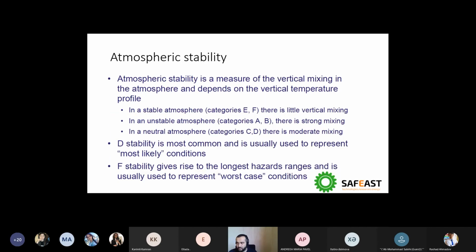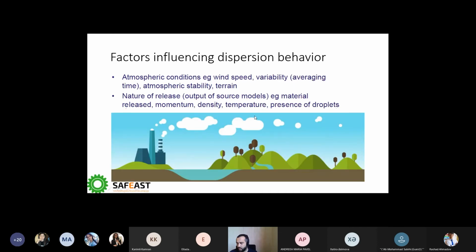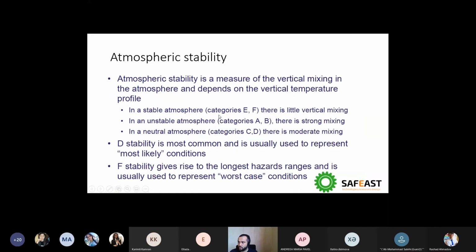When we talk about atmospheric stability, stability is a measure of the vertical mixing. It's not about the horizontal movement of the air, but about the vertical mixing, and it really depends on the vertical temperature profile. Usually it is the same at the same latitude.